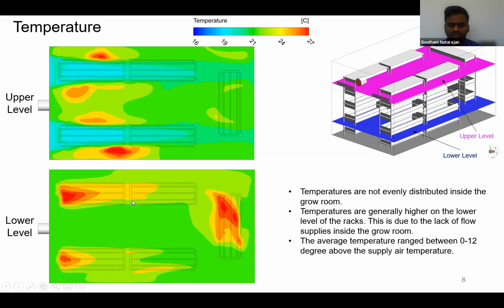From these two levels, we could understand that the temperatures are not evenly distributed inside the grow room, and the average temperature ranged between 0 to 12 degrees above the supply air temperature. This is due to the lack of flow supplies inside the grow room. We could also see temperature stratification between the walls, which is due to the lack of flow circulation at those points.